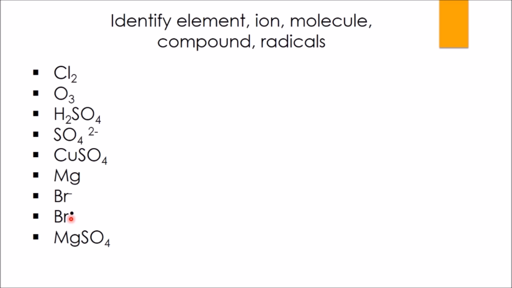So you can identify with the help of this dot that this is a radical. If you have a charge, for example in this case, that is an ion. But what type of ion is this? You have to tell. This is a molecule because there are same atoms. So Cl2 means दो Cl आपस में जुड़े हुए हैं, आपस में bonded हैं. So Cl2 is actually a molecule. So you have to identify them as elements, ions, molecules, compounds and radicals.